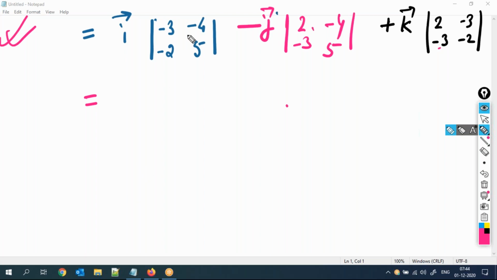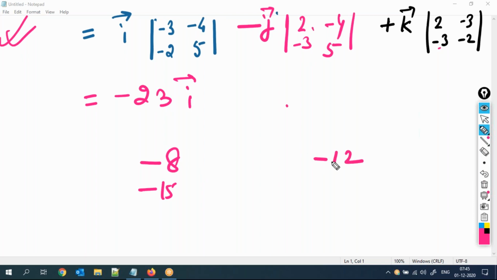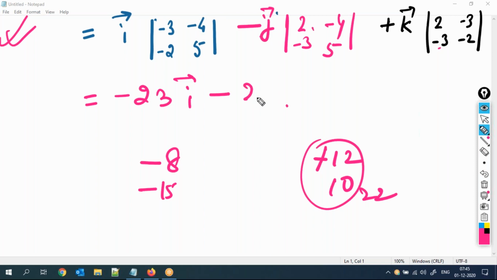So 4 to the 8 and that will be minus, and then minus 15. That is minus 23i. Are we clear? Yes, sir. Similarly here, minus 12, change the sign to plus and then 10. So this is 22, again minus 22j. Are we clear? Yes, sir.